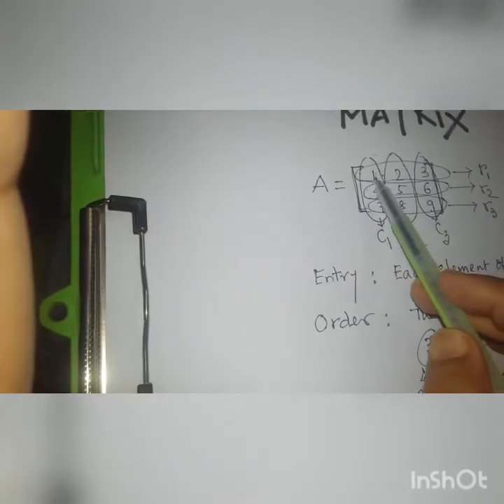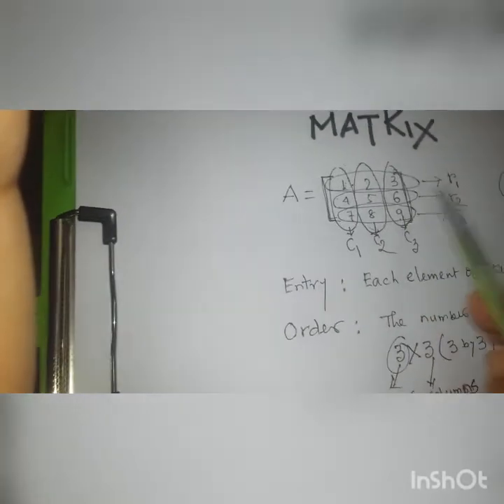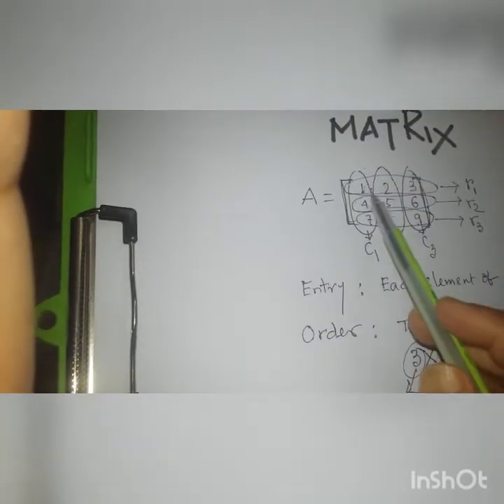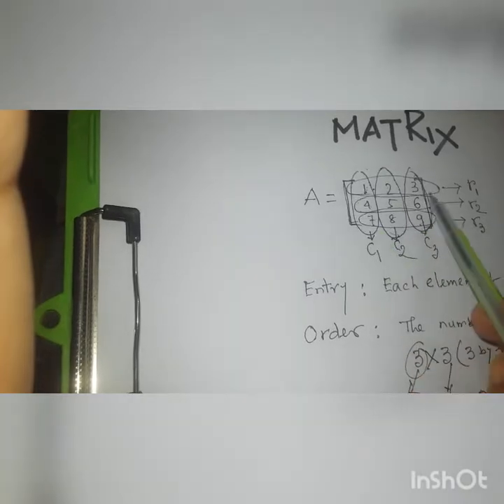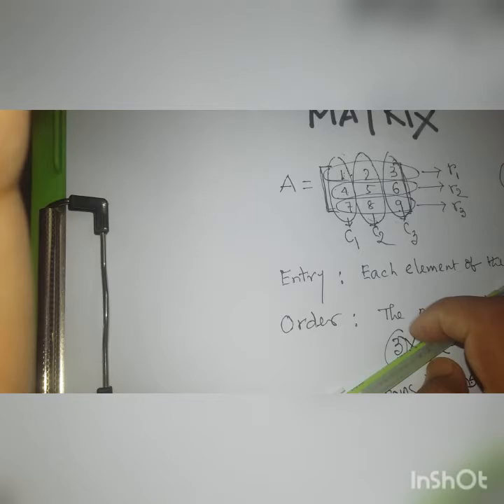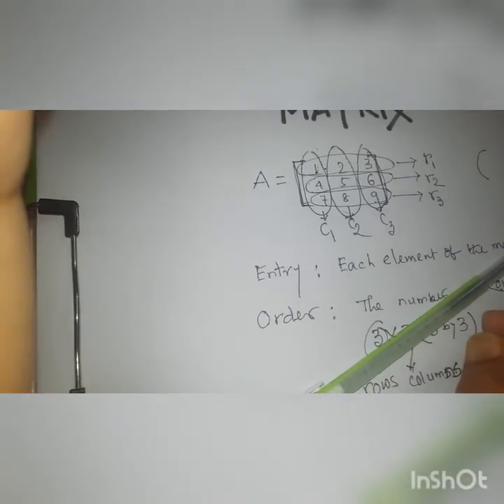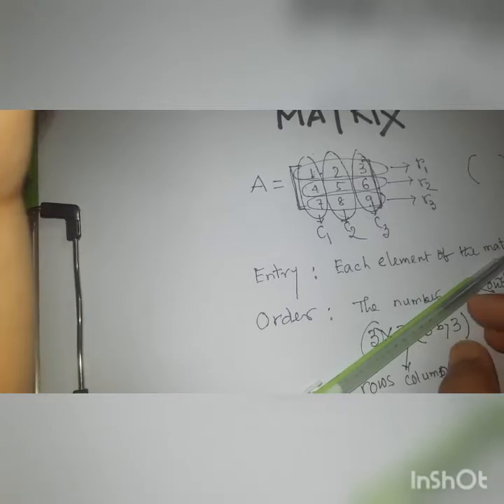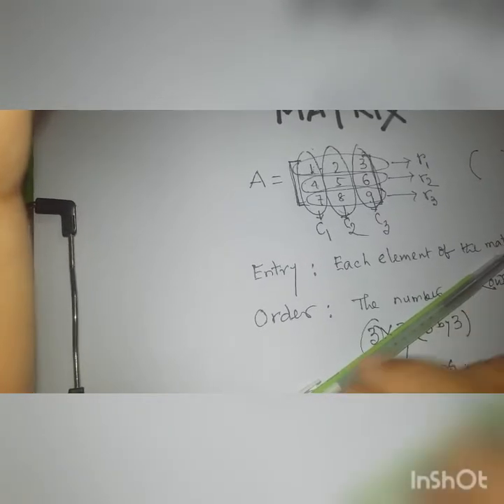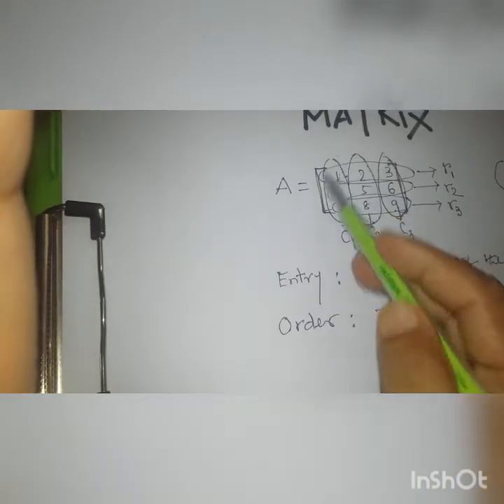Each element of a matrix is called an entry. Horizontal means parallel to your base, and perpendicular is called a vertical line.